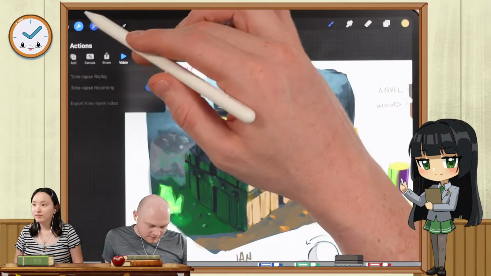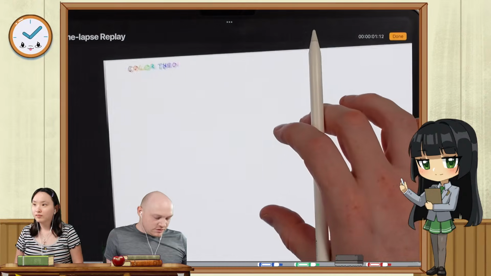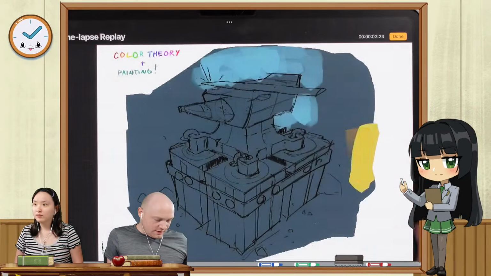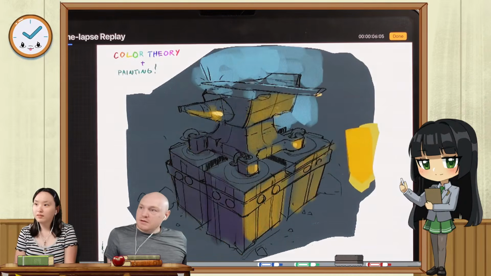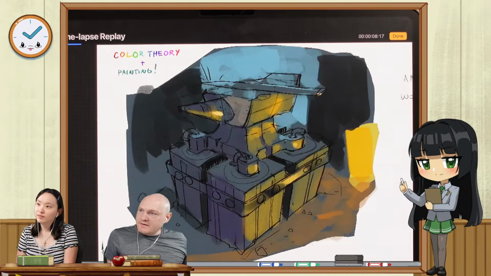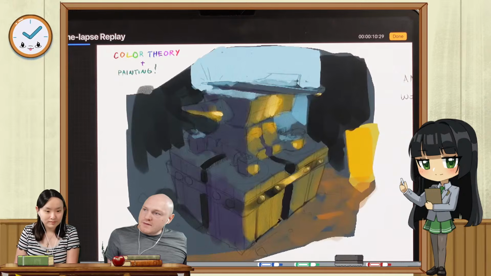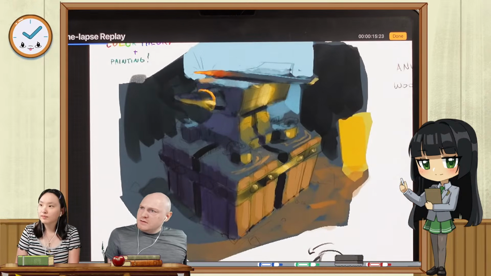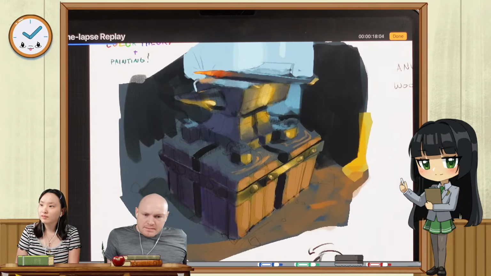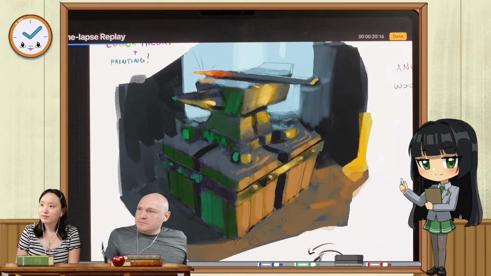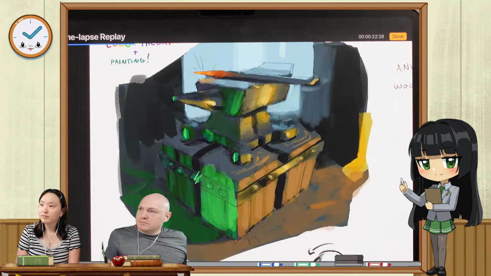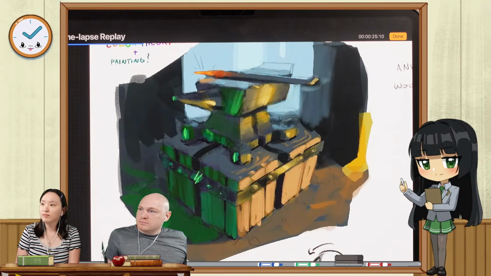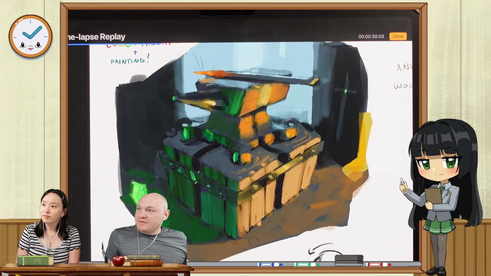How do I do this again? I always forget. There we go. So we were talking about color theory and painting, and here's what I started with. Planning my lights, cool in the back, warm on the right. I was just kind of planning on going with this. Adding a green crystal on the left, which I don't personally think it needs.